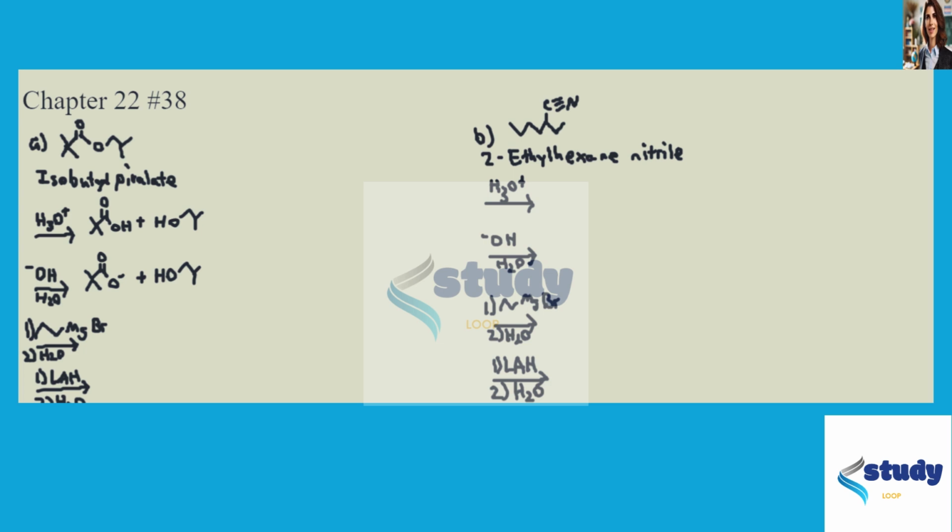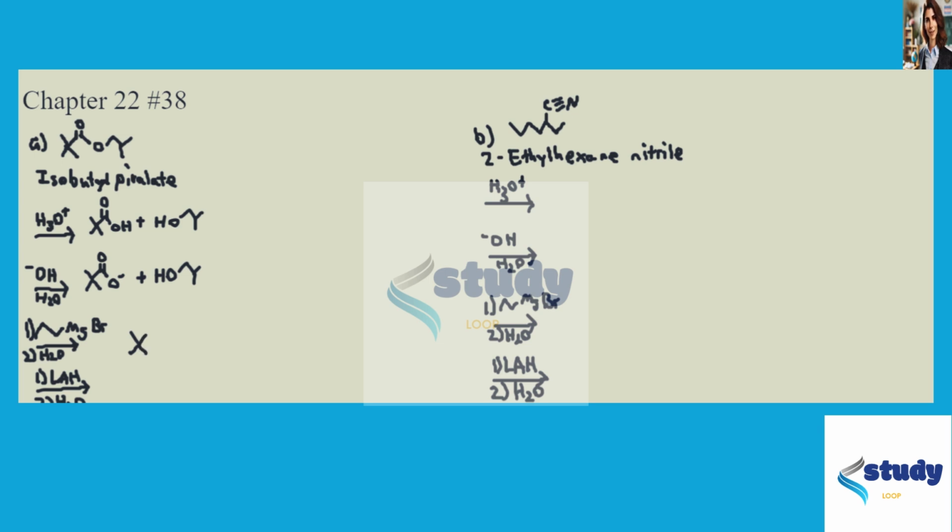So there we go. I didn't see Grignard additions to esters actually covered in the chapter that these questions are at the end of, but with a Grignard and an ester, what you actually get is a double addition to the ester.